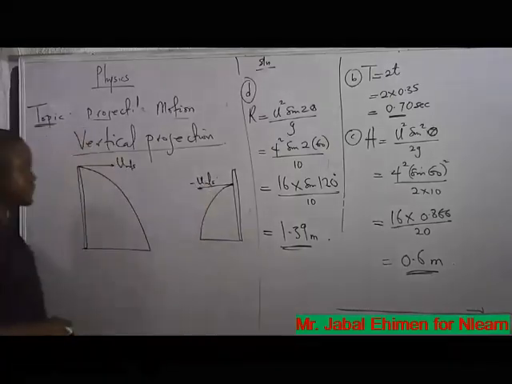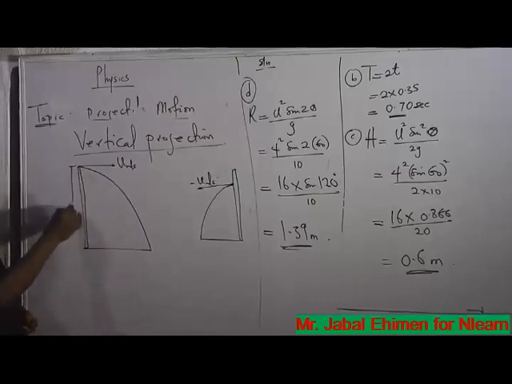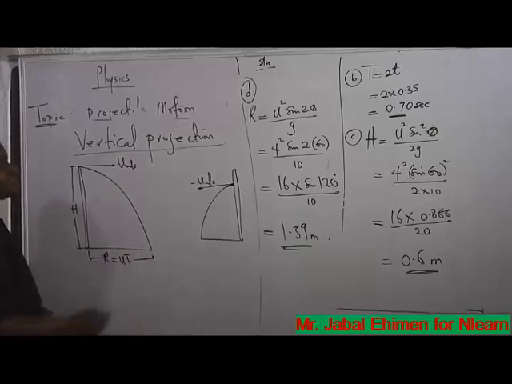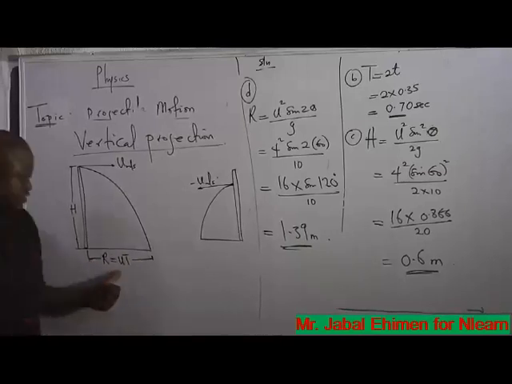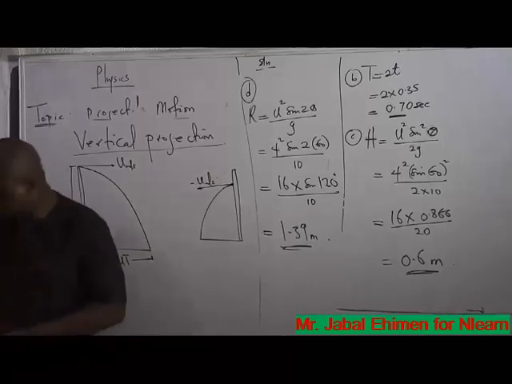Good. Now, we're going to use this to do the explanations. This is the height of the body. From here to here is the range, and we know that range is ut, as we discussed initially. Range is equal to ut, initial velocity times time, and this is the height of the body.